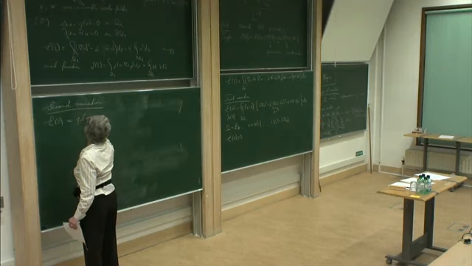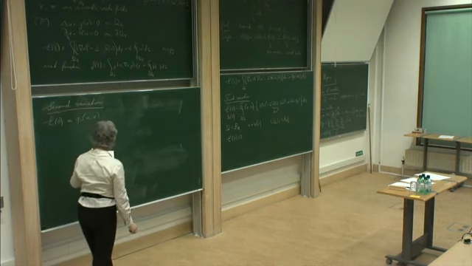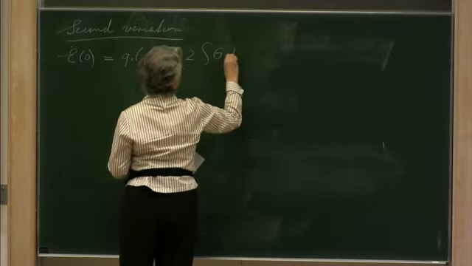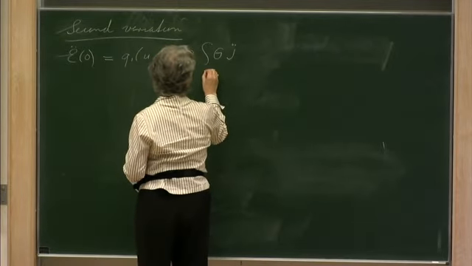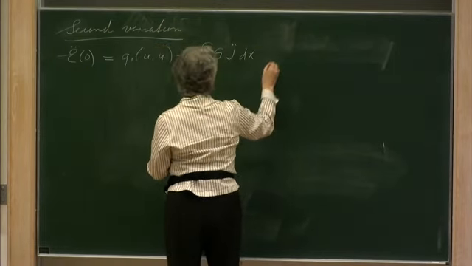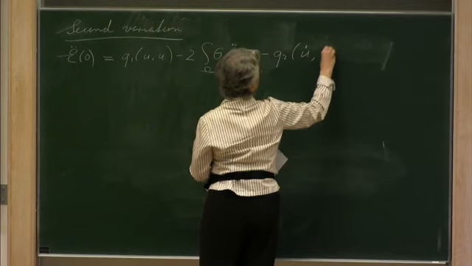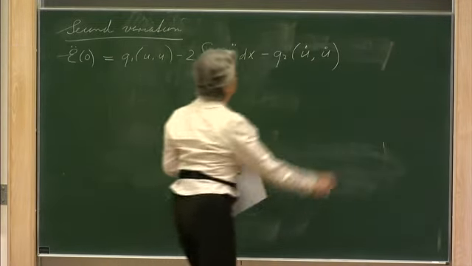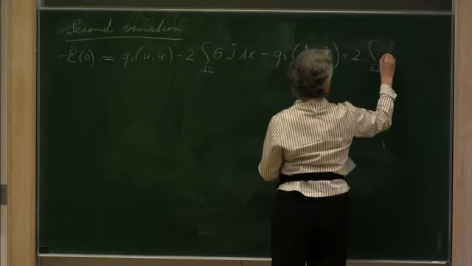It's a quadratic form in U, which depends also on V and W, minus this integral of G times the second derivative of the Jacobian determinant, minus a quadratic form in the derivative of U with respect to t, plus something of this type.